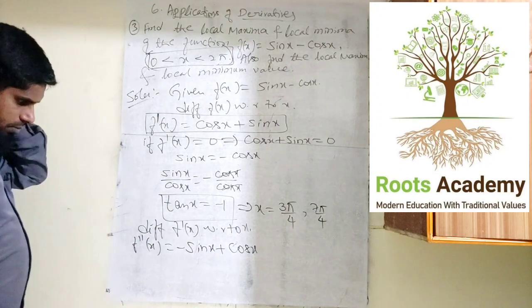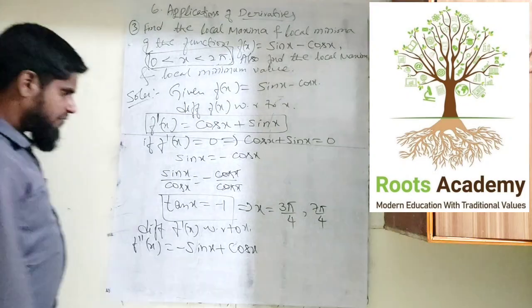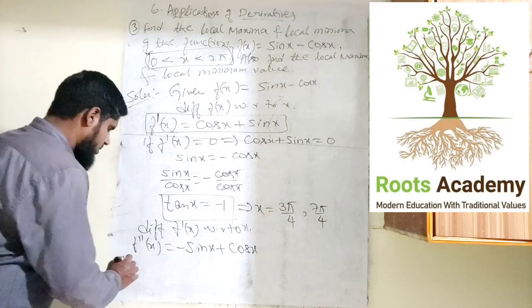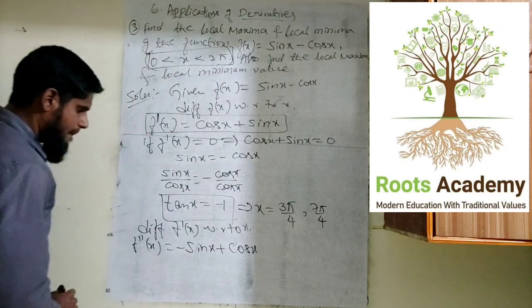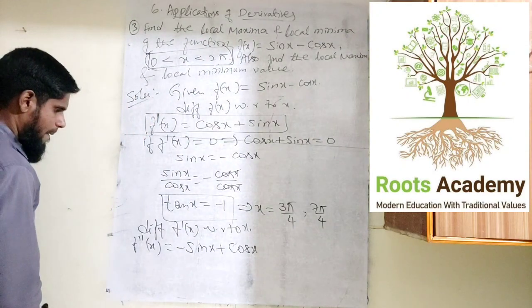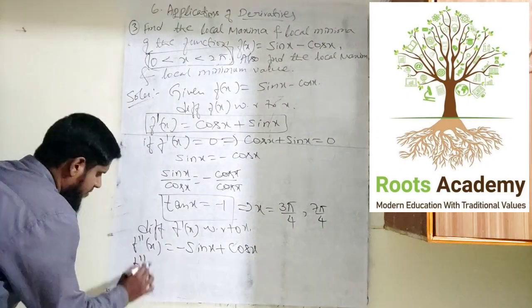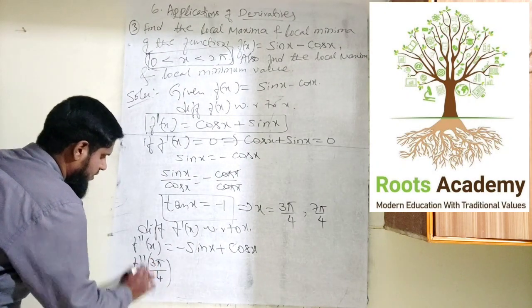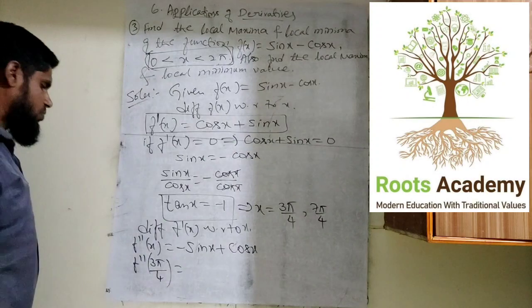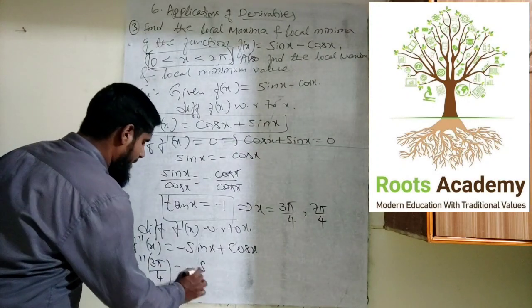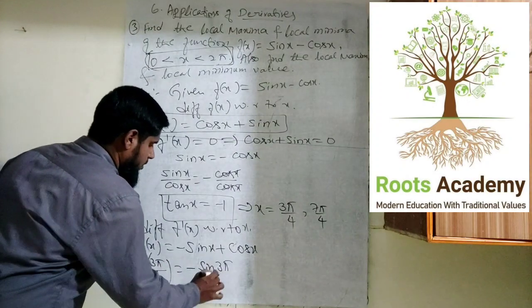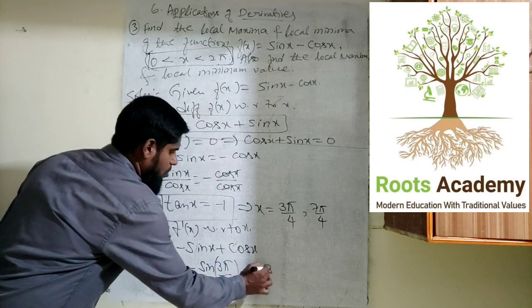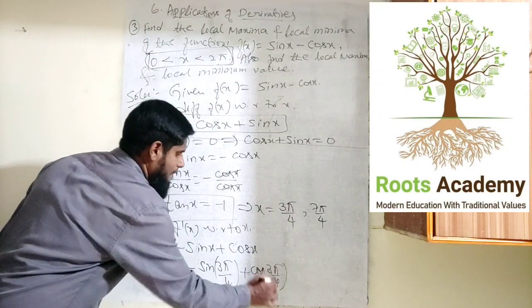Here, if I apply directly, f double dash of 3 pi by 4 is equal to minus sin 3 pi by 4 plus cos 3 pi by 4.